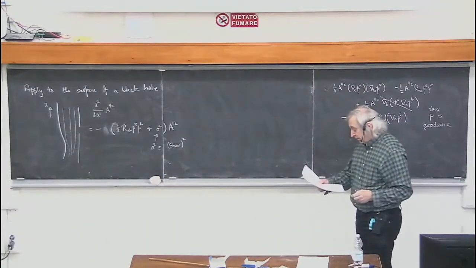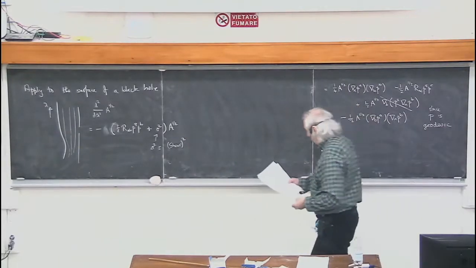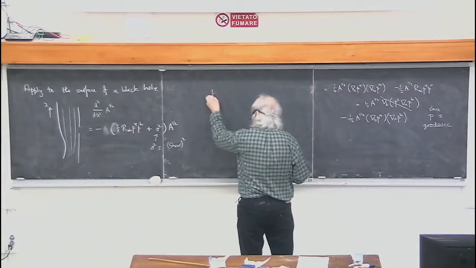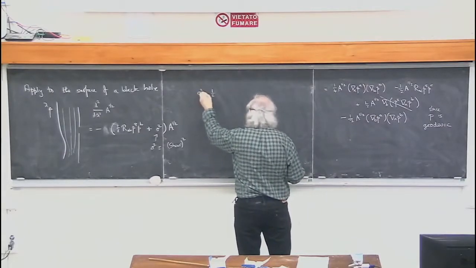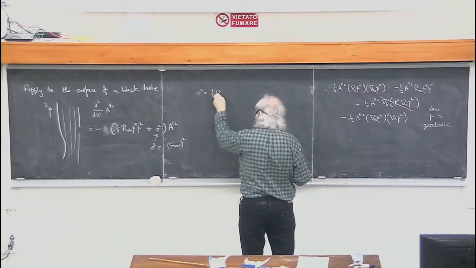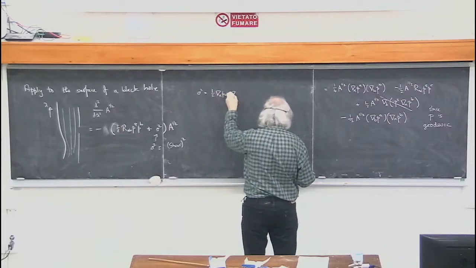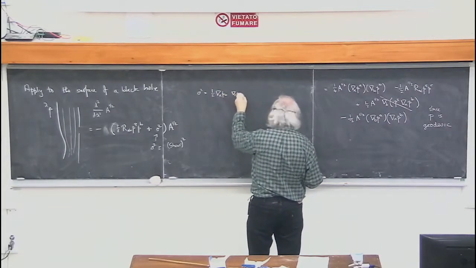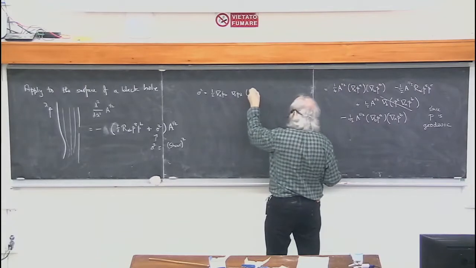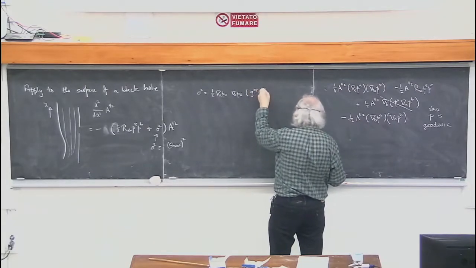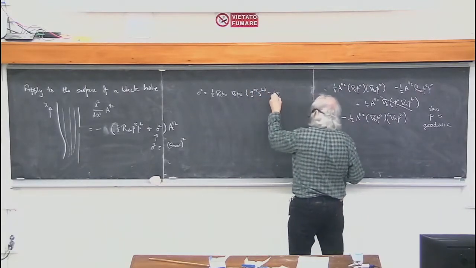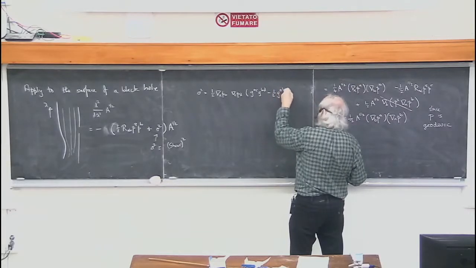We could be very explicit about that. It's equal to 1/2 of del A PB del C PD into GAC GBD minus 1/2 GAB GCD.